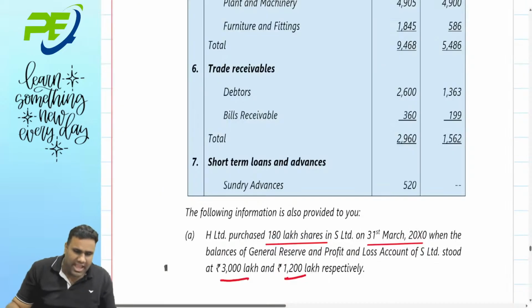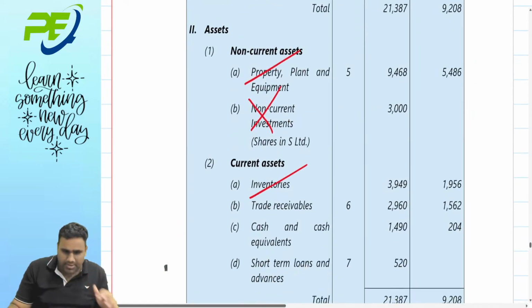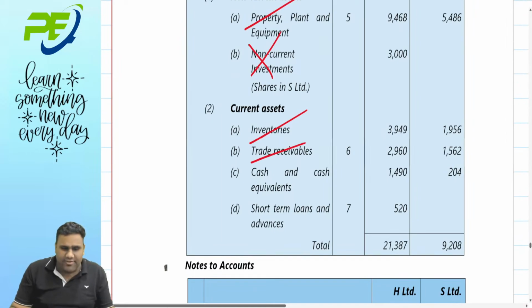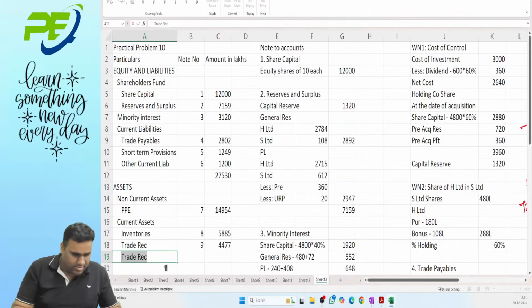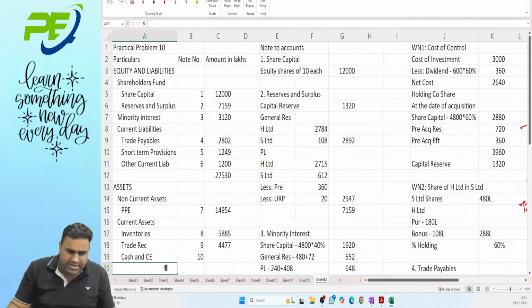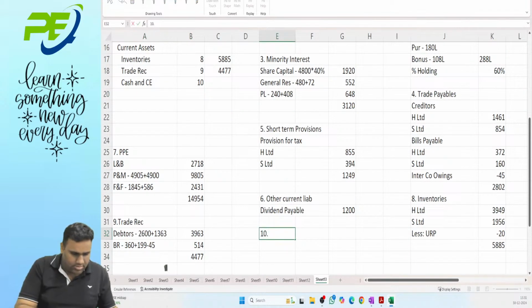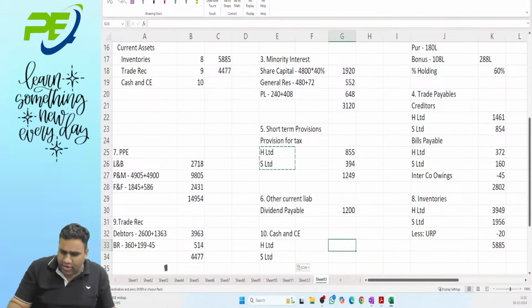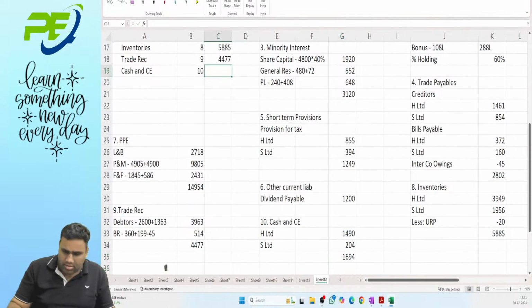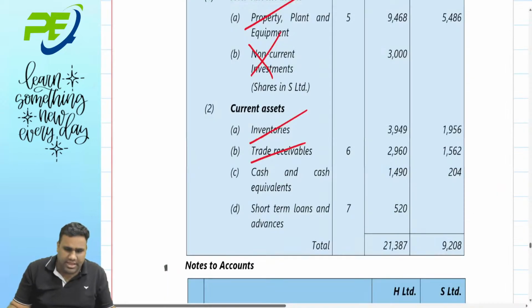We have only 9 notes till now. Oh, two more confirmed. Cash and cash equivalents, note number 10, 1490 and 1694.